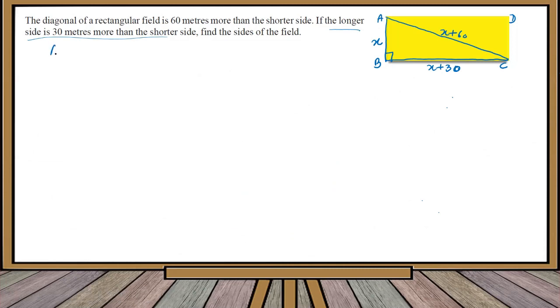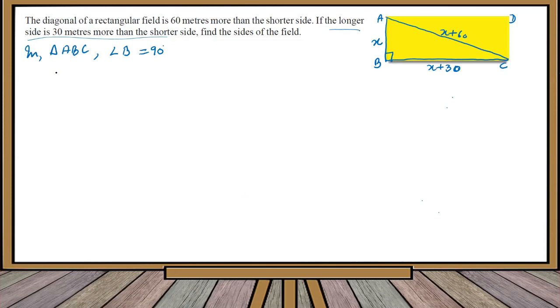We'll say that triangle ABC has angle B equal to 90 degrees. Whenever we deal with a right angle triangle, we will apply Pythagoras theorem, right?